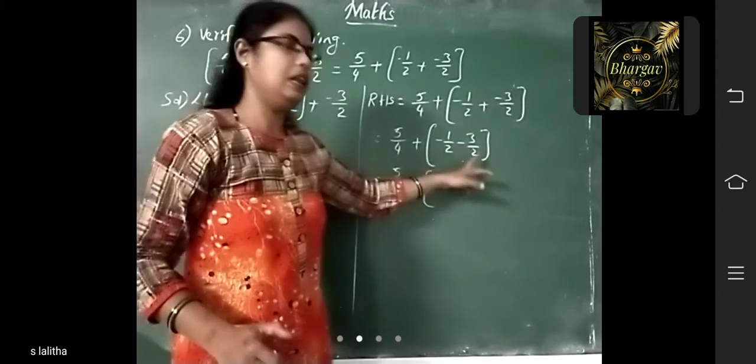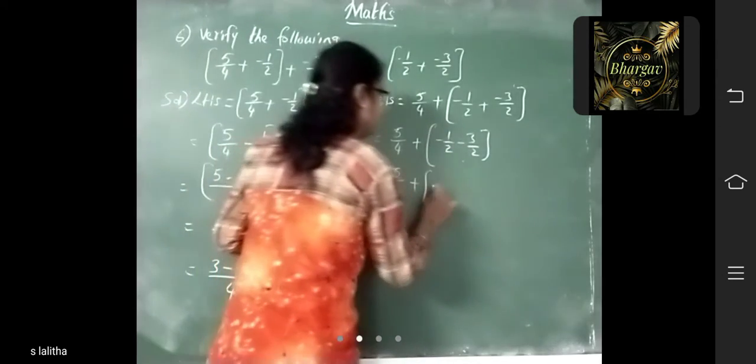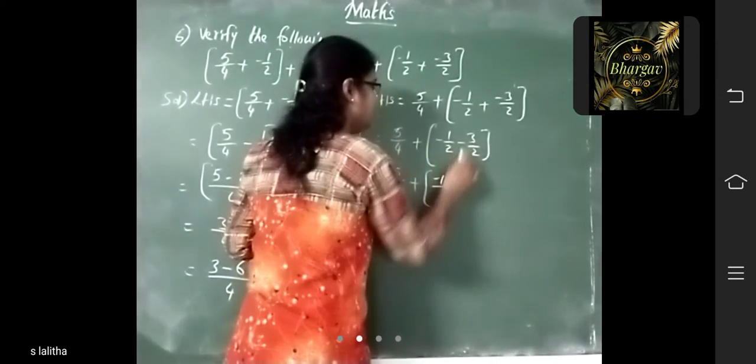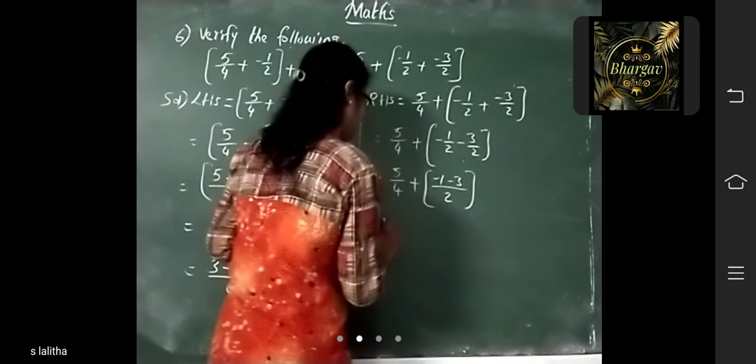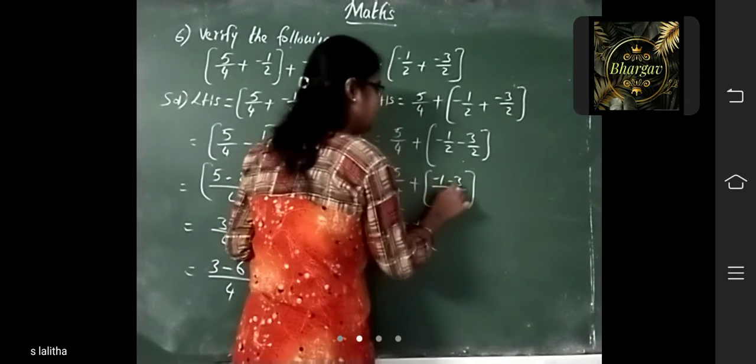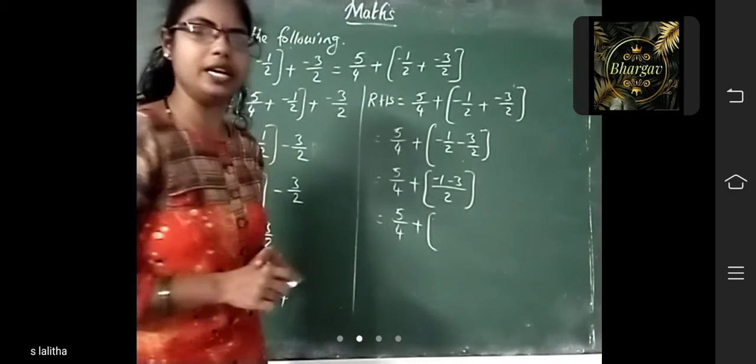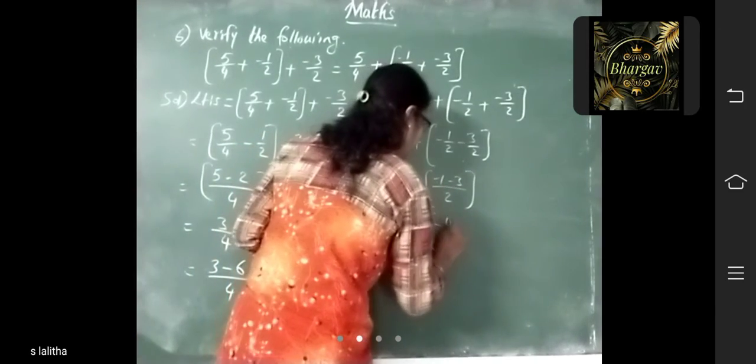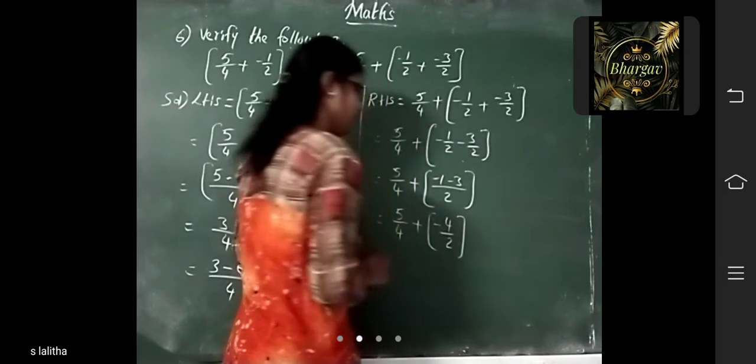So these are like fractions. So 2 minus 1 minus 3. So 5 by 4 plus minus 1 minus 3 how much, children? Minus 4. Minus 4 by 2.